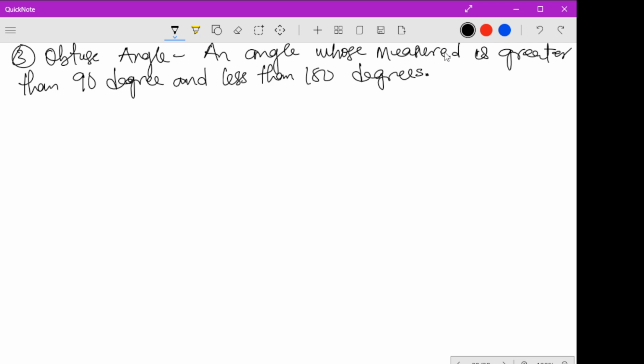So this is another type of angle that when you measure it, you discover that the angle is greater than 90 degrees. Let's draw the shape that relates to this.